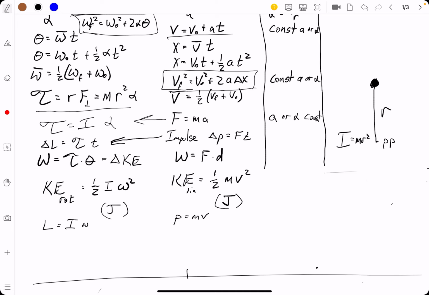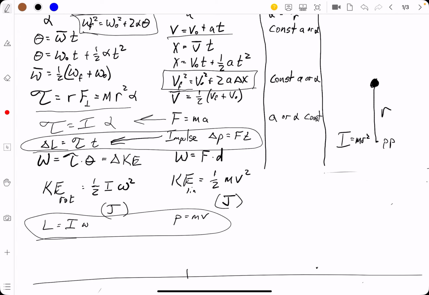Okay, do we have any more of these? I don't think so. But so we've got this momentum analog, and we've now added this impulse analog. We've done a lot, guys.